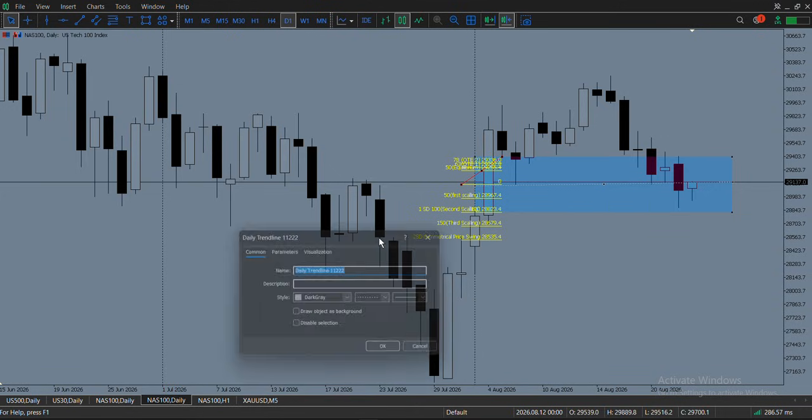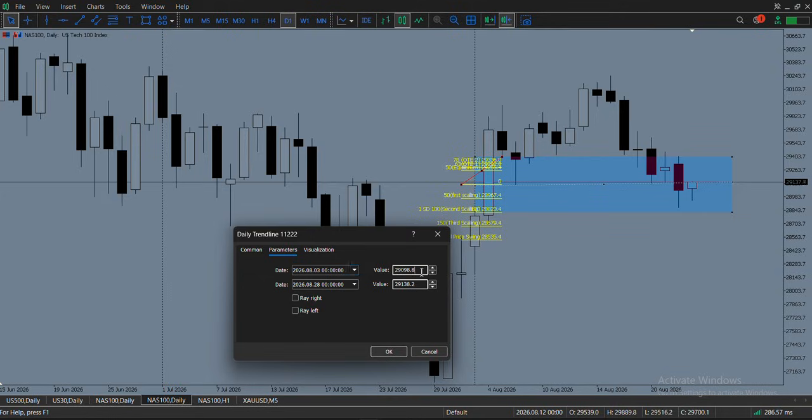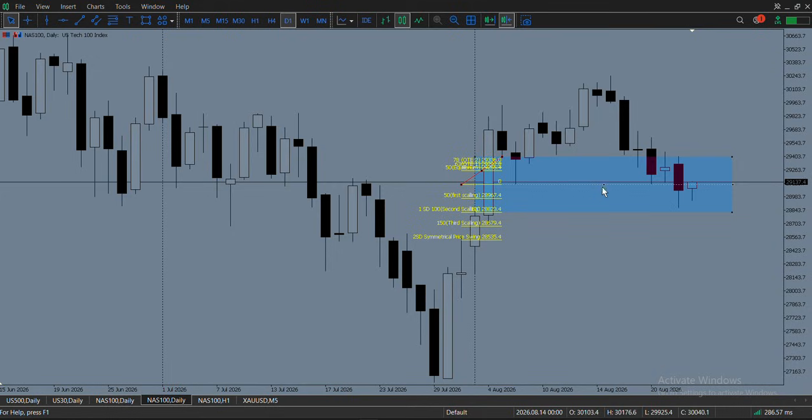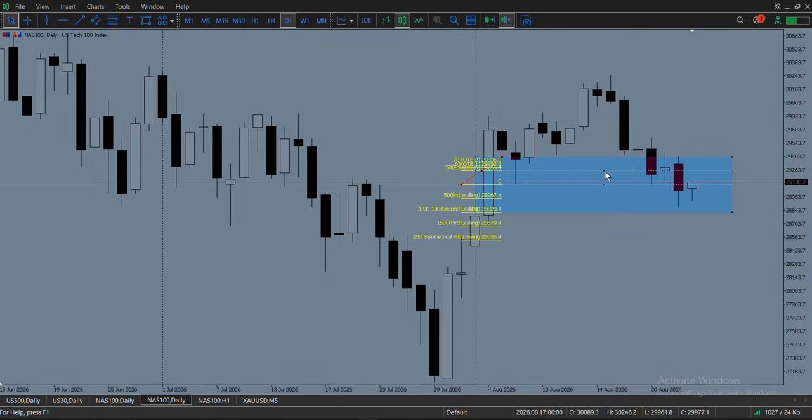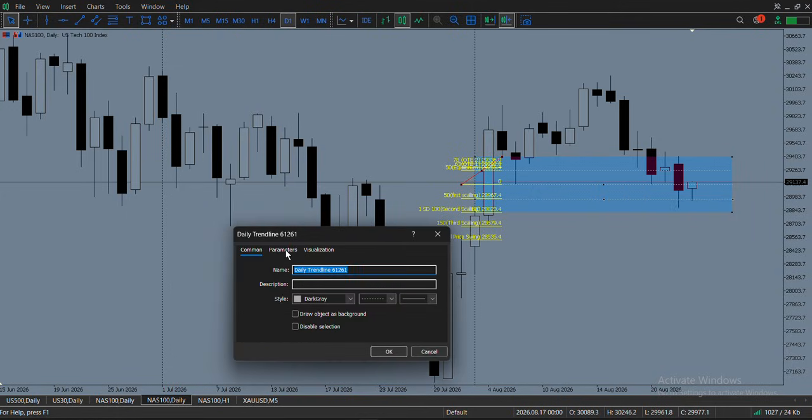So this is the midpoint, and then that upper quadrant was 255.4. And then this lower quadrant was 967.4.